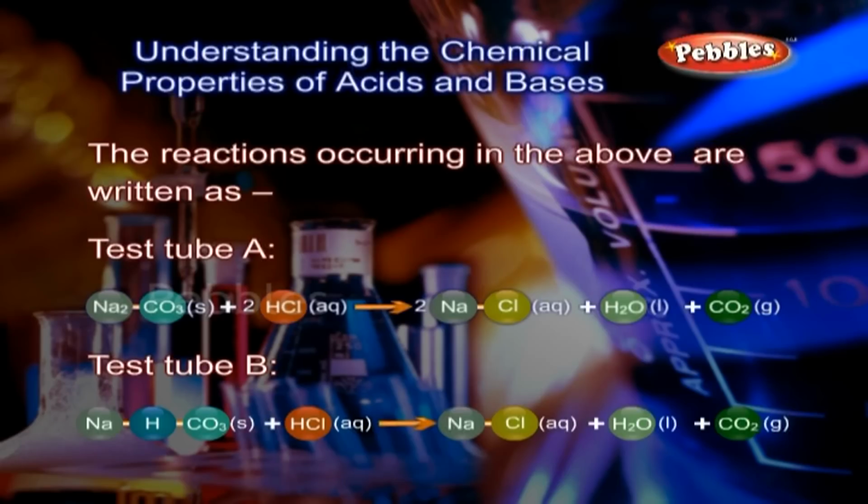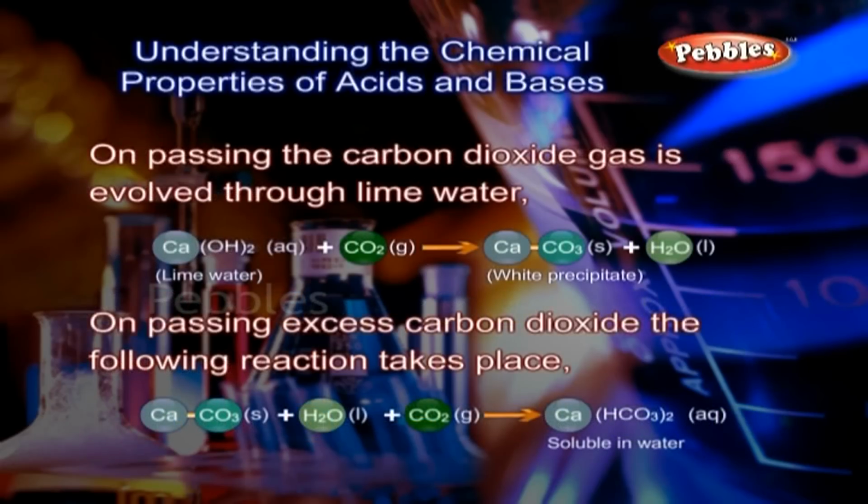Test tube B, NaHCO3 solid plus HCl aqueous gives NaCl aqueous plus H2O liquid plus CO2 gas. On passing the carbon dioxide gas evolved through lime water, Ca(OH)2 aqueous plus CO2 gas gives CaCO3 solid plus H2O liquid.